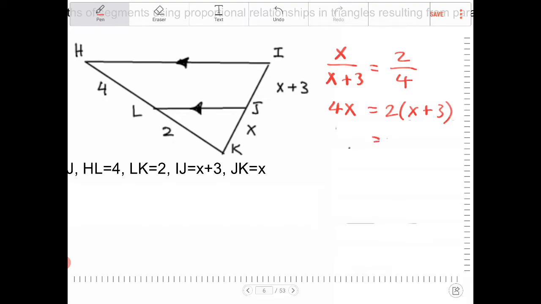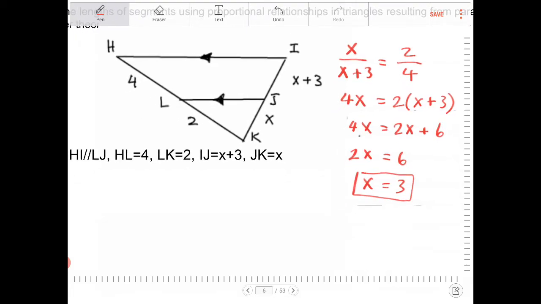If I distribute, I end up with 2x plus 6 is equal to 4x. Subtract 2x from both sides, I get 2x is equal to 6. Divide by 2, I get x is equal to 3. So if x is equal to 3, then this is 3 and this is 6. Can you see how everything is proportioned?